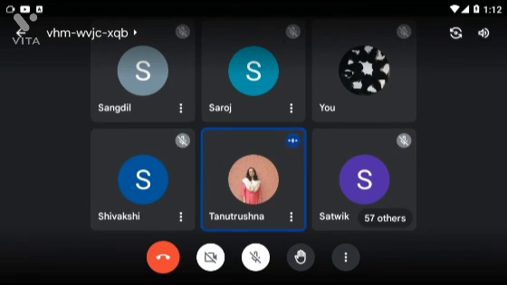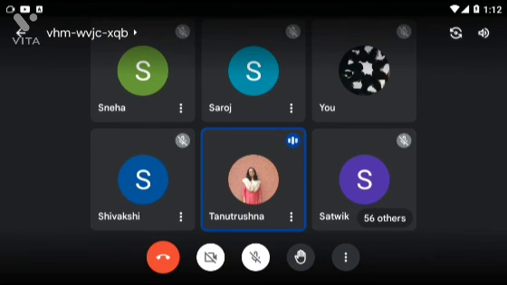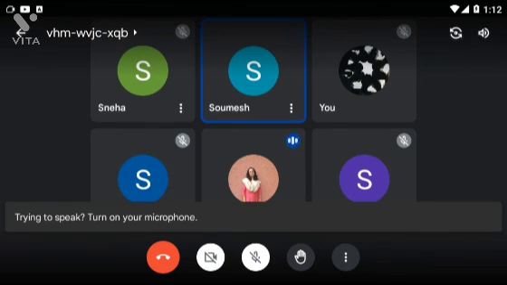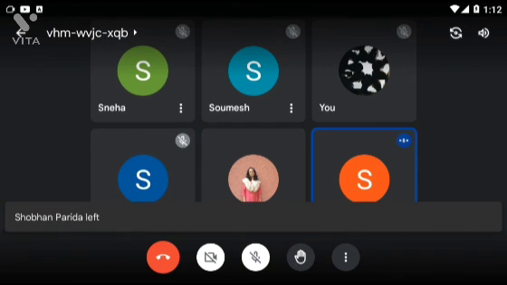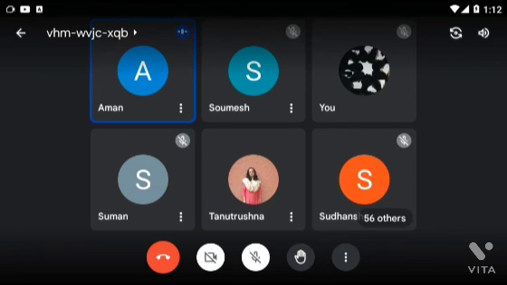Shobhan Parida. Present, ma'am. Shruti Swarupa Dhar. Present, ma'am. Sneha Mandal. Present, ma'am. Somesh Mahanti. Present, ma'am. Sudhanshu Kumar. Present, ma'am. Suman Priti Gilwa. Present, ma'am. Sudhanshu Kumar, you were not present in the last class? It might be, ma'am. My God. So, yeah.